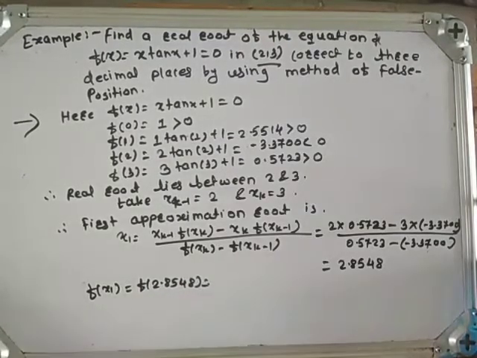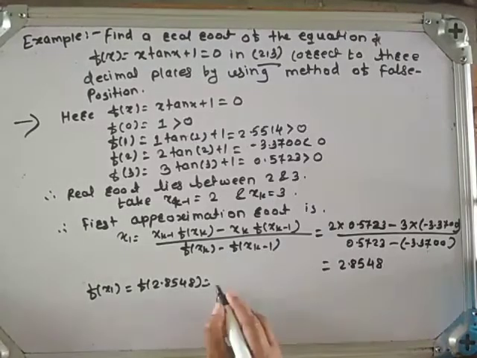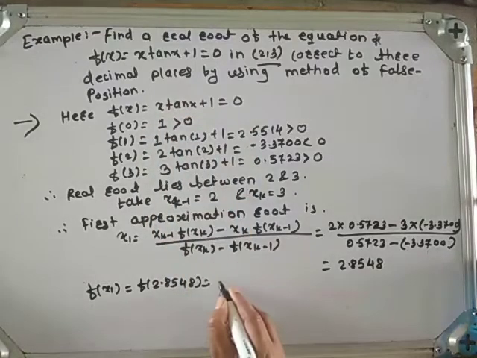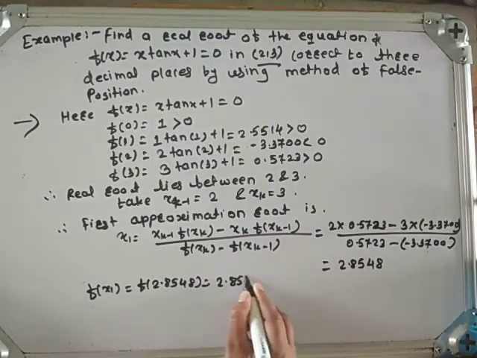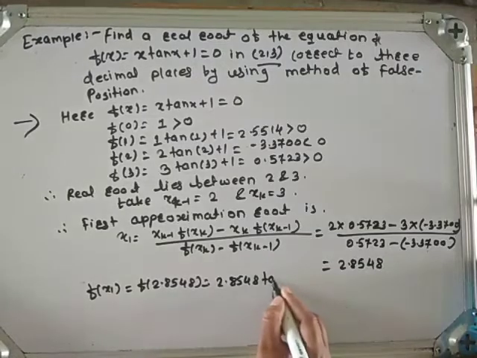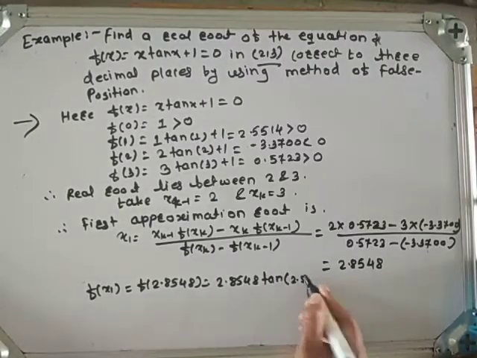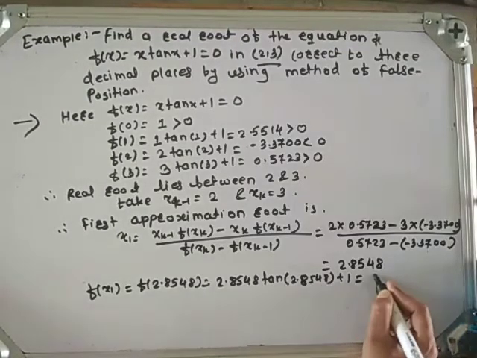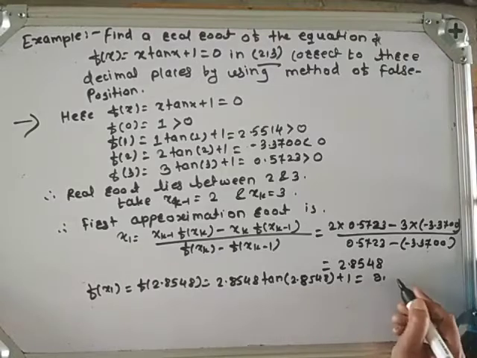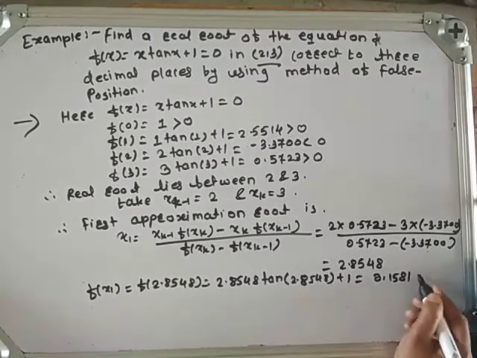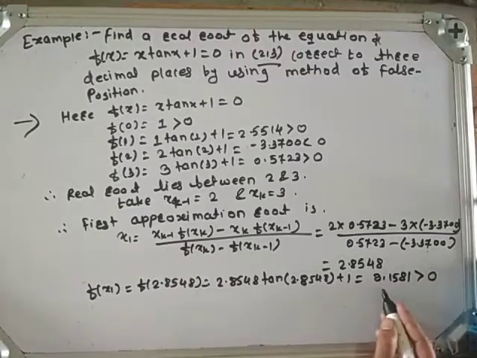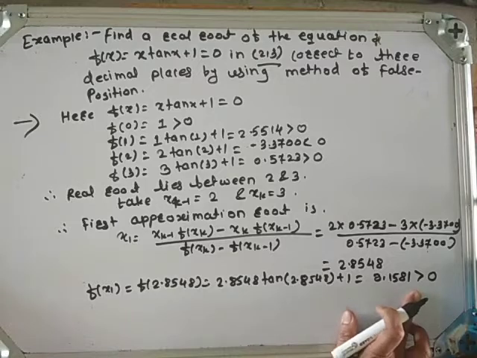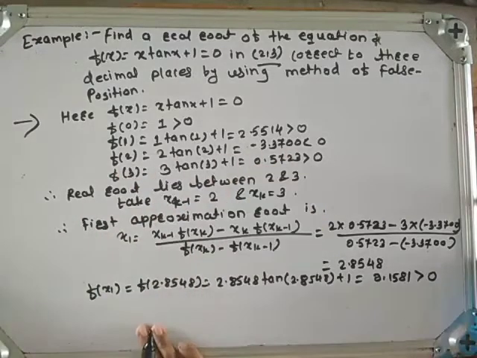Now calculate f(x1), that is f(2.8548). Substitute x = 2.8548 in this equation. We get 2.8548 into tan of 2.8548 plus 1, which is equal to 0.1581, which is greater than 0. See here, f(2.8548) is positive and f(2) is negative.